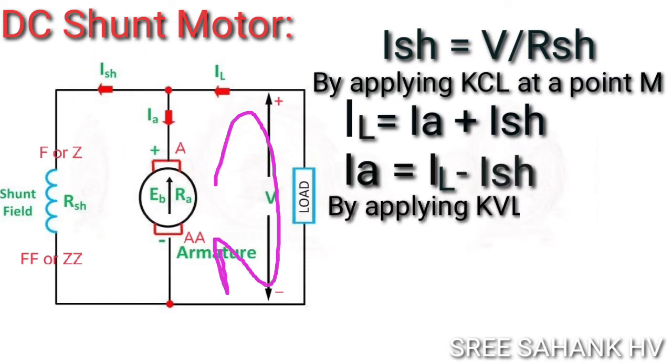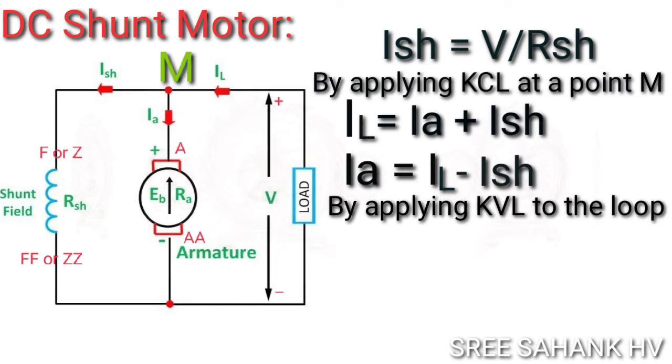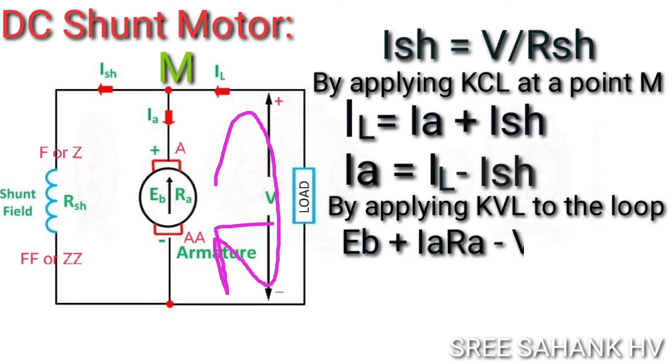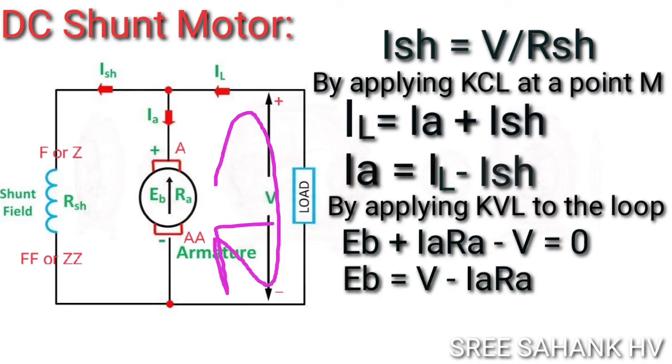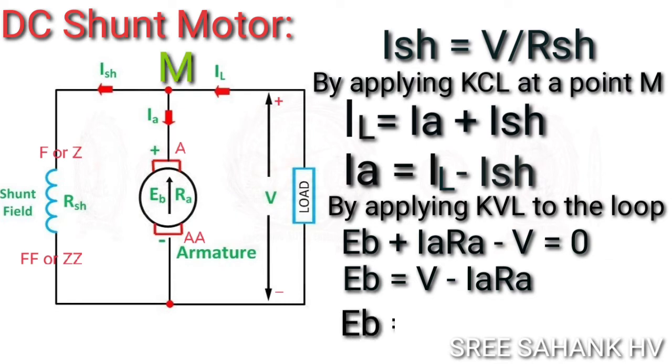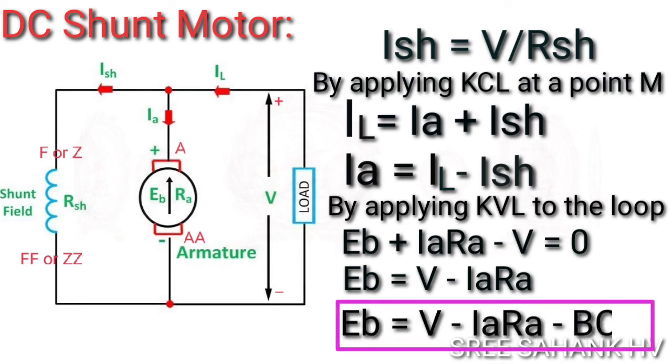By applying KVL to this loop, we get EB plus IARA minus V is equal to 0. So EB is equal to V minus IARA. Finally, EB is equal to V minus IARA minus BCD. BCD is the brush contact drop of the motor.